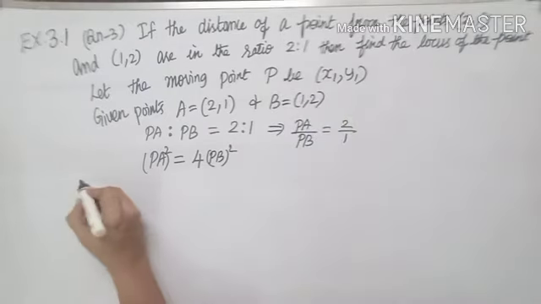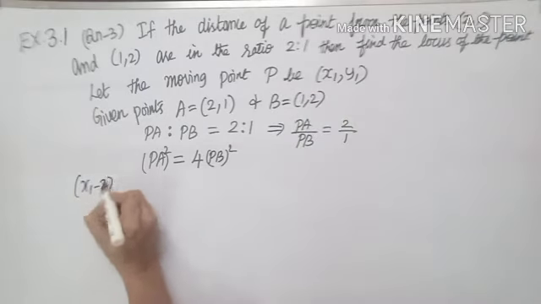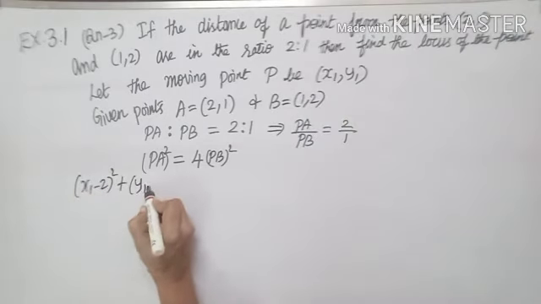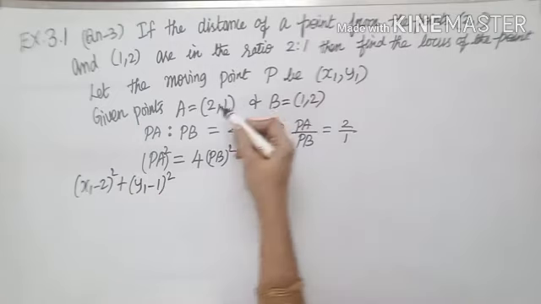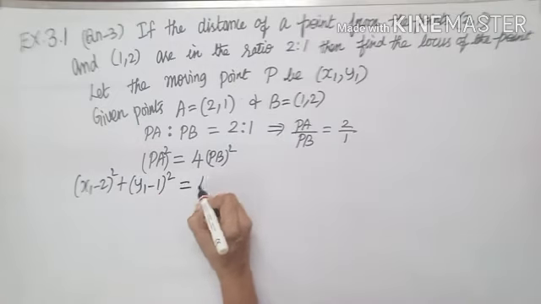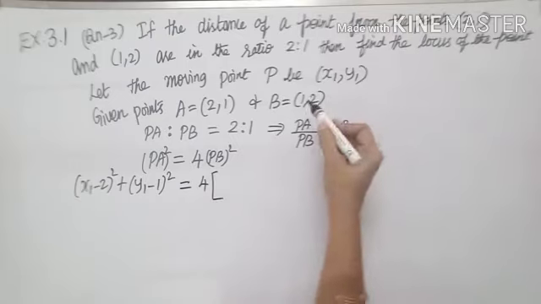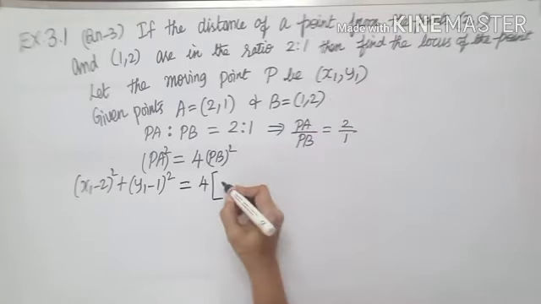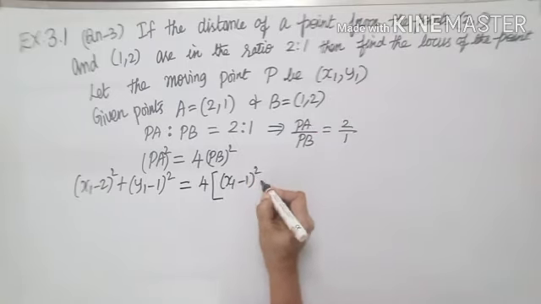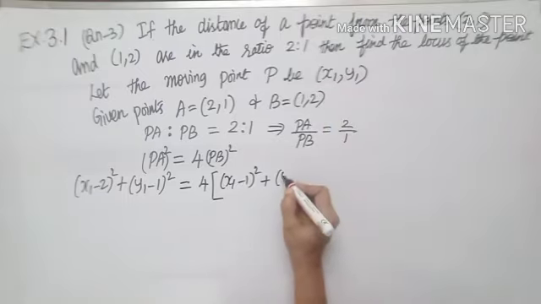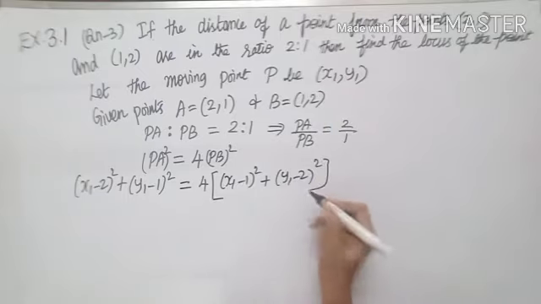Let us substitute: (x1 minus 2) the whole square plus (y1 minus 1) the whole square equals 4 times PB, (x1 minus 1) the whole square plus (y1 minus 2) the whole square.